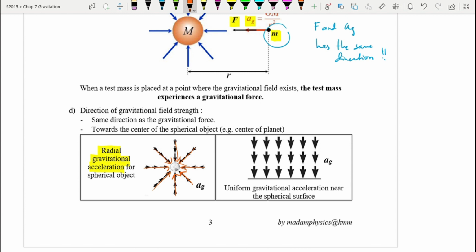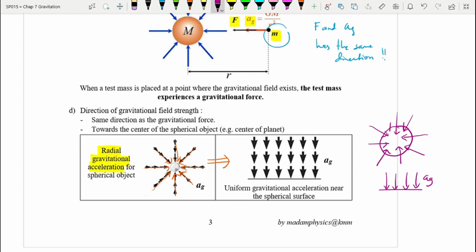Okay, so bila kita zoom sikit dekat surface. Contoh ini adalah bumi. Okay, bumi kita of course kita tahu dia berbentuk bulat kan. Tapi kalau kita ambil satu part, kita zoom in, dia akan jadi straight dan kita punya AG akan jadi parallel. Kalau dia berbentuk sphere, kita zoom out, dia akan berbentuk radial lah. Okay, seperti ini.